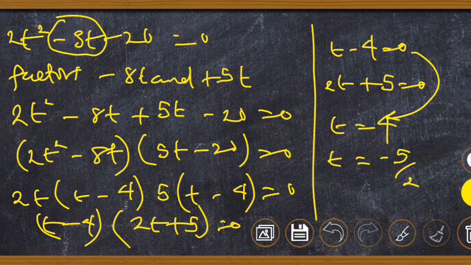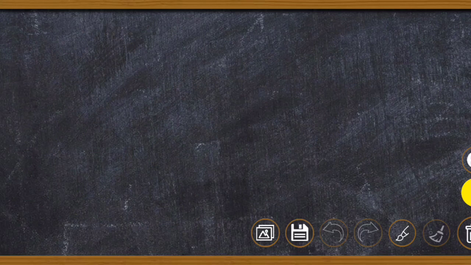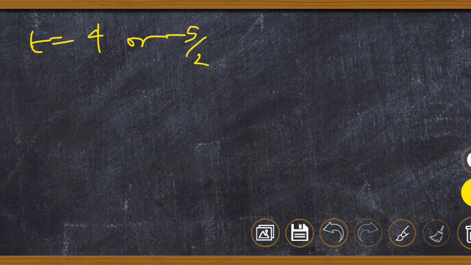So the two values of my time t, the question in option C, they say the time at which the object is at the origin. So the time at which the object is at the origin is t equal to 4 or minus 5 all over 2. Altogether, this is the time.